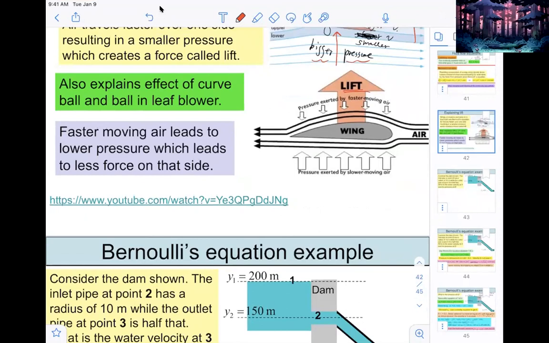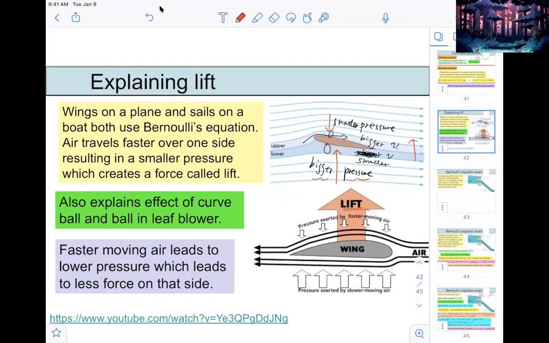All right, so we have just seen a demonstration of the application of Bernoulli's equation. There, the different speeds are caused by the ball shifting away from the center, right? One side of the ball is still having the hot air blowing through it, which is a bigger speed, and the other side of the ball is getting close to the normal air in the room, that atmosphere, which has a slower speed, causing a difference in pressure and a difference in force.